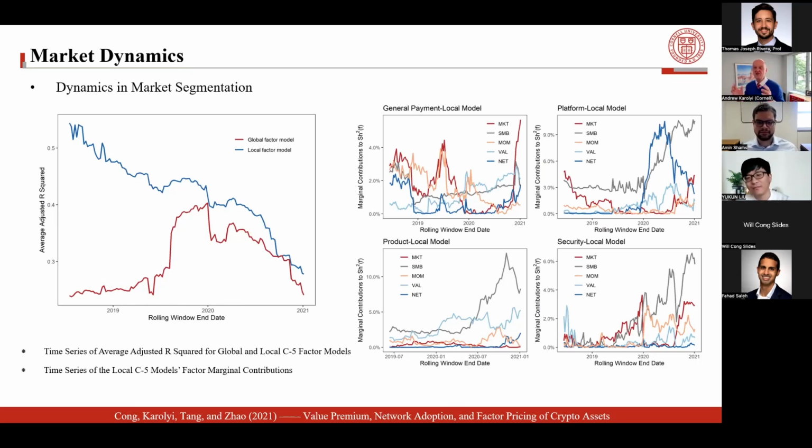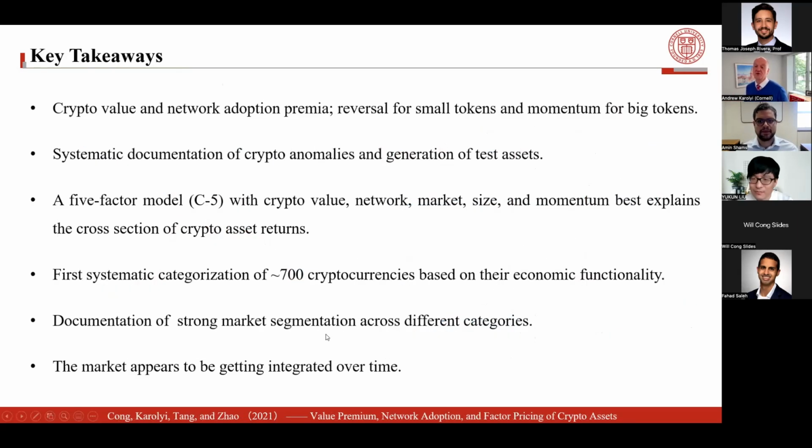There's more of an integration evidenced coming out in the wash in the returns. There's evidence of an evolution of greater integration over time. We think that's a super cool new finding.